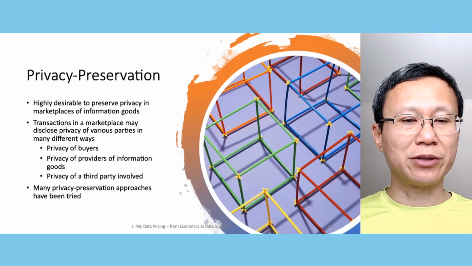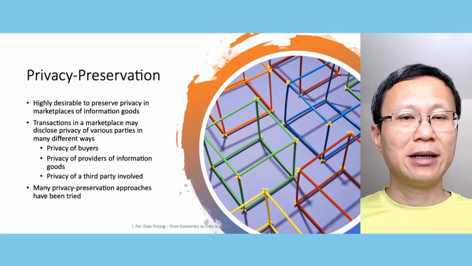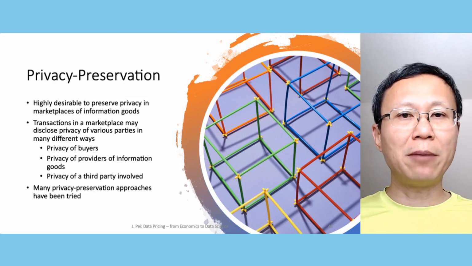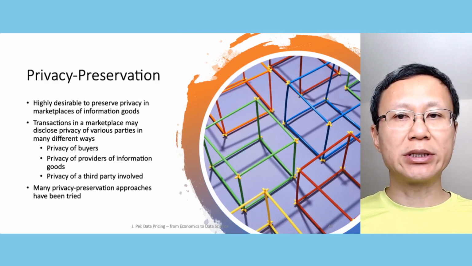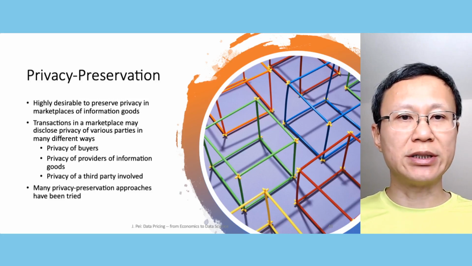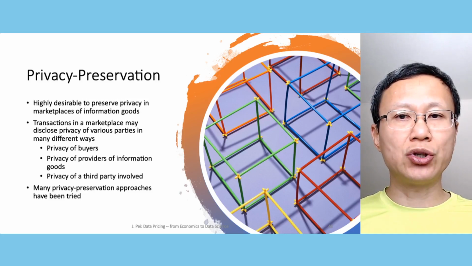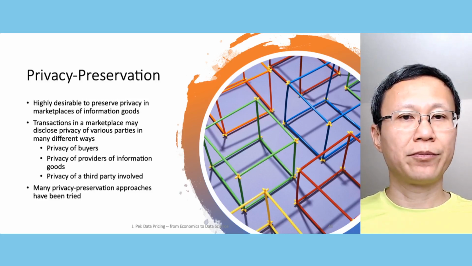Privacy preservation. Privacy is becoming a more and more serious concern about information goods. In general, privacy is the ability of an individual or a group to keep themselves or the information about themselves hidden from being identified or approached by other people.